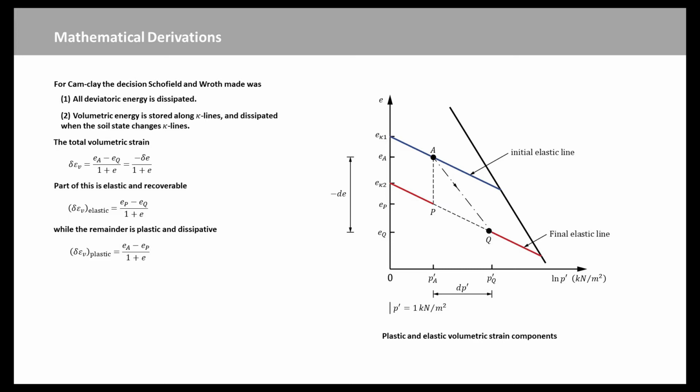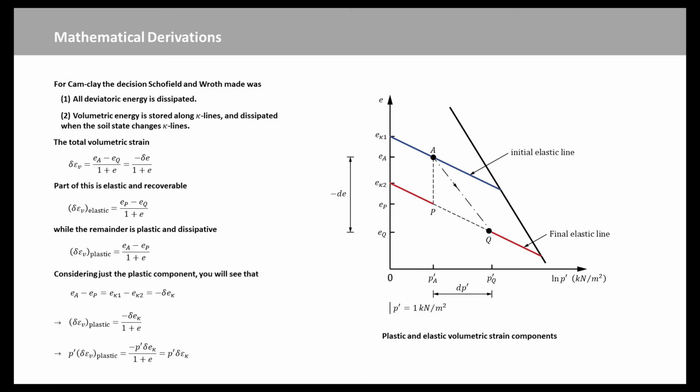Suppose that A, P, Q are quite close, so that the void ratio e changes only infinitesimally. The total volumetric strain delta epsilon v shows here. Part of this is elastic and recoverable, delta epsilon v elastic, while the remainder is plastic and dissipative, delta epsilon v plastic.